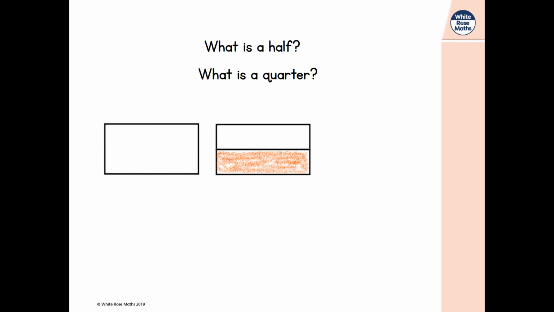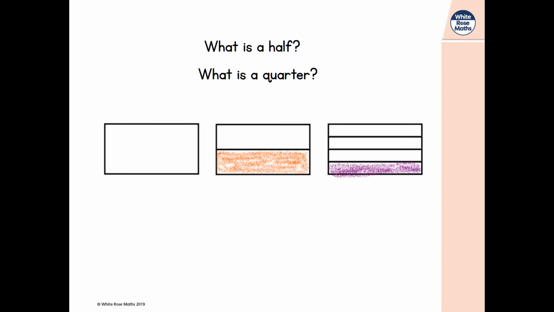What is a quarter? How could we show a quarter? Well, remember, we need 4 equal pieces. And sometimes we can take that half and draw a line right down the middle. There. 4 equal pieces, and one of them colored in.